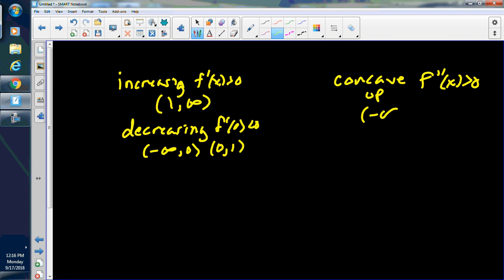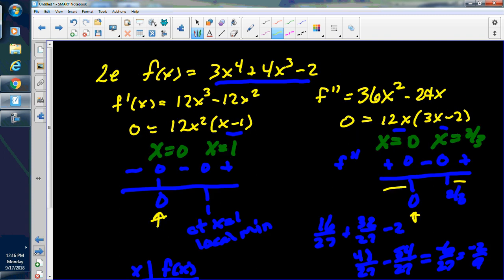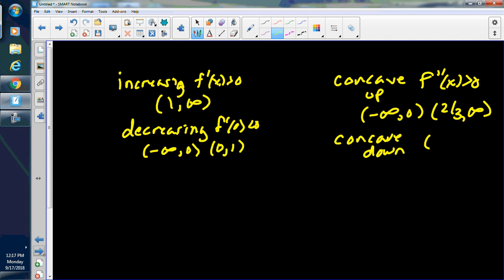So from negative infinity to 0 and from 2/3 to infinity. It's going to be concave down at all other places. So that would be from 0 to 2/3.